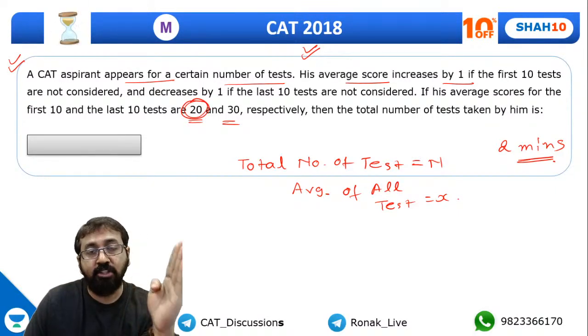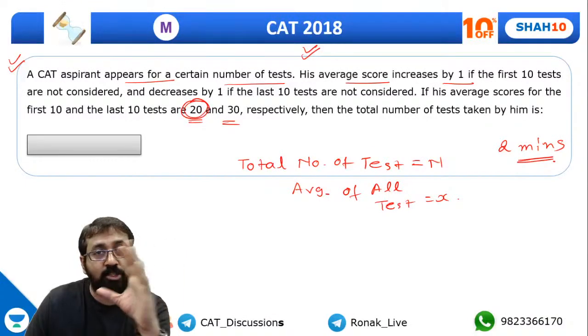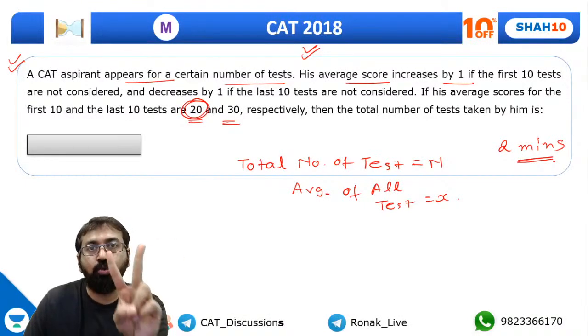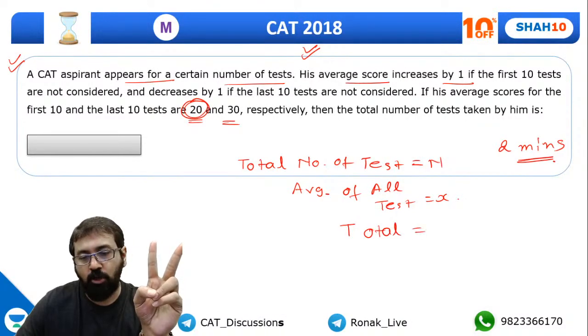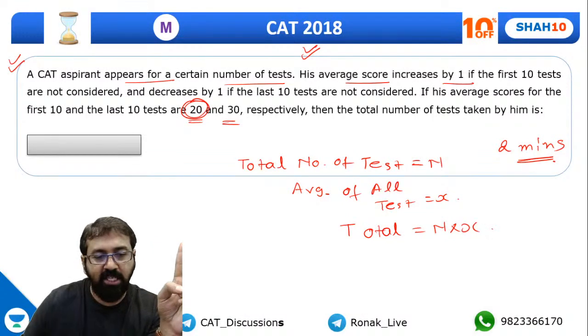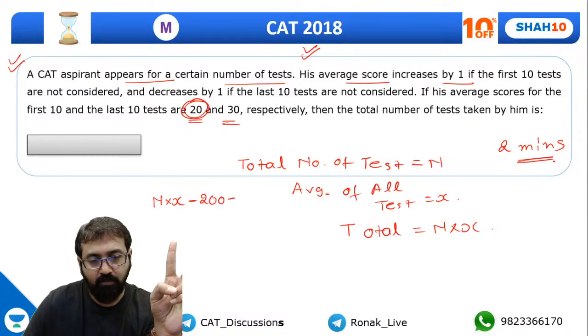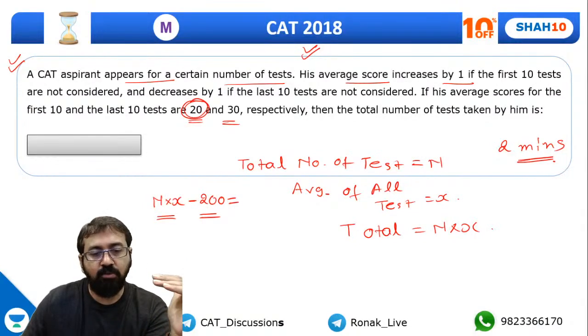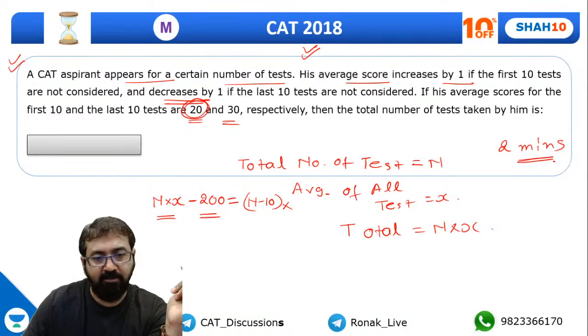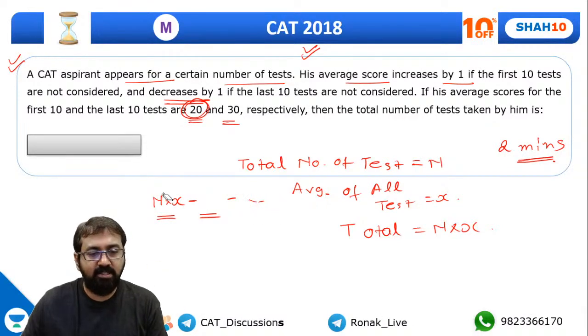If I don't consider the first 10 tests, I'm excluding 20 into 10, that is 200 marks. The total of all tests is n into x. So can I make an equation like this? nx minus 200, which is the total marks minus the marks of the first 10 tests, is equal to the marks of n minus 10 tests into the average. Now the average should be x plus 1. Yes guys, do you understand this?